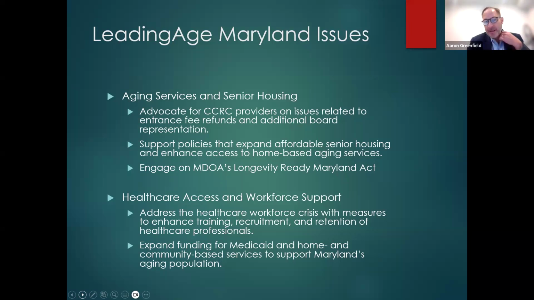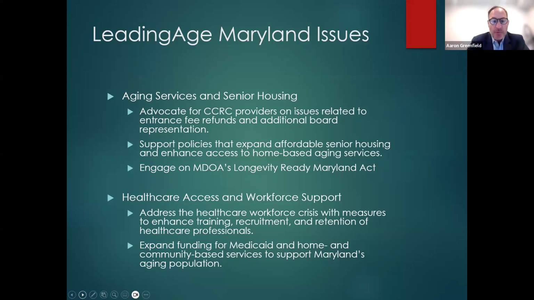We will also look at policies that expand affordable senior housing and enhance access to home-based aging services. And then the Maryland Department of Aging will have a Longevity Ready Maryland Act. This effectively codifies their Longevity Ready Maryland plan. And we have been in touch with the Department of Aging on that proposal as they've shared it with us.